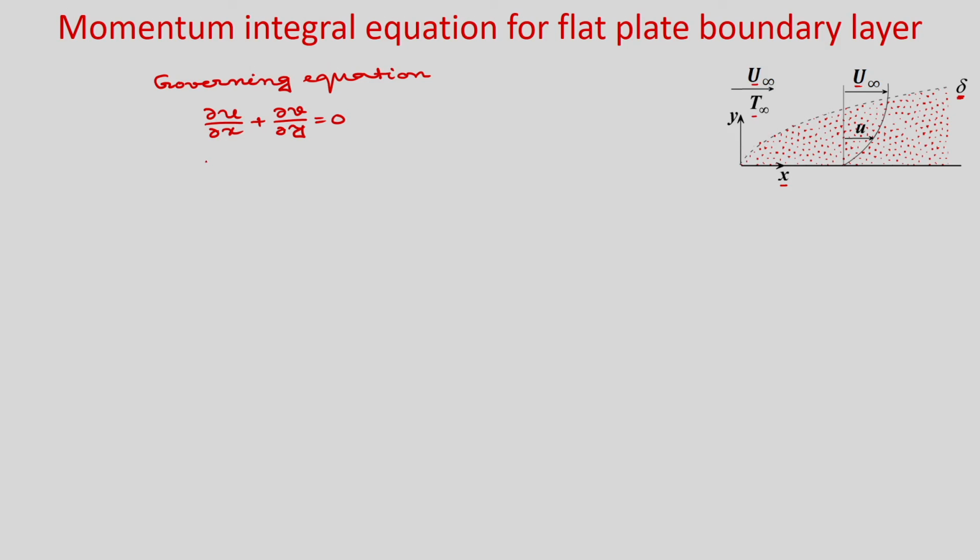Then you have the boundary layer equation for a flat plate, u del u by del x plus v del u by del y is equal to, there will be no pressure gradient because it is a flat plate, and you have nu del 2 u by del y square, and obviously the energy equation you can write as u del T by del x plus v del T by del y is equal to alpha into del 2 T by del y square. So, obviously you can see nu is your kinematic viscosity and alpha is your thermal diffusivity.